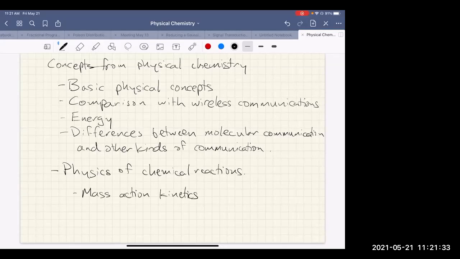And we will finish with an example called the Michaelis-Menten equation. So with that, let's get started. Incidentally, as with all my notes, I'm going to upload these notes afterwards.